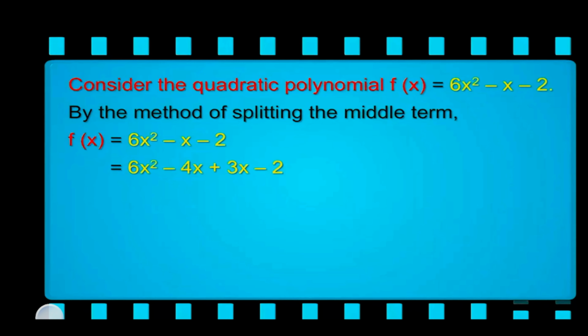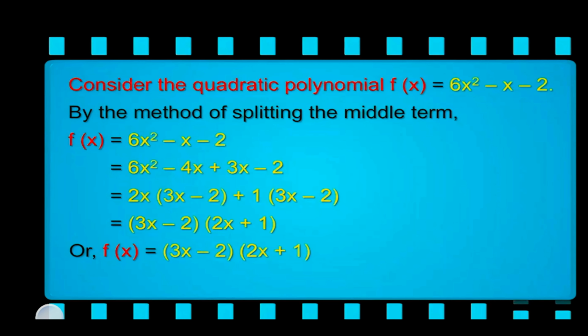So we get 6x squared minus 4x plus 3x minus 2. By taking 2x and 1 common, we get 2x into 3x minus 2 plus 1 into 3x minus 2, which is equal to 3x minus 2 into 2x plus 1. Or f of x is equal to 3x minus 2 into 2x plus 1.